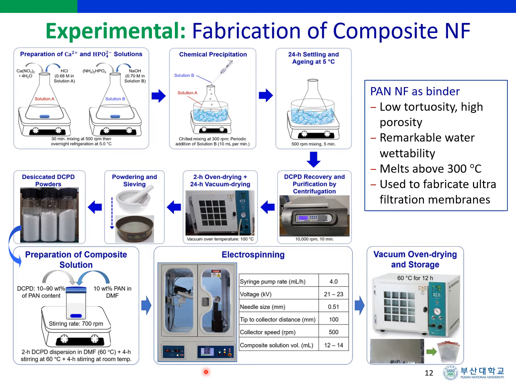To obtain a uniform mesh thickness, the aluminum foil-wrapped rotating mandrel collector was rotated at 490 to 500 rpm. The applied voltage was maintained at 21 to 23 kilovolts to expel the dope solution from the tip of the spinneret into a web of nanofibers.